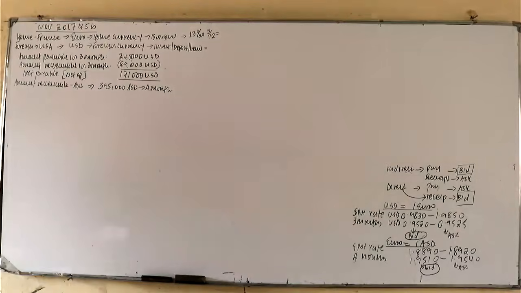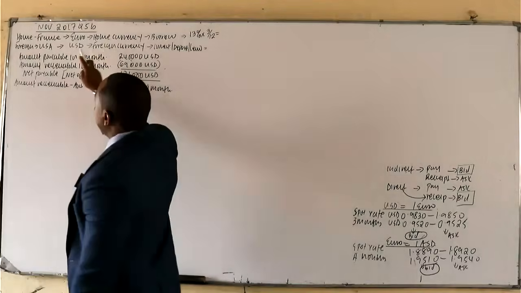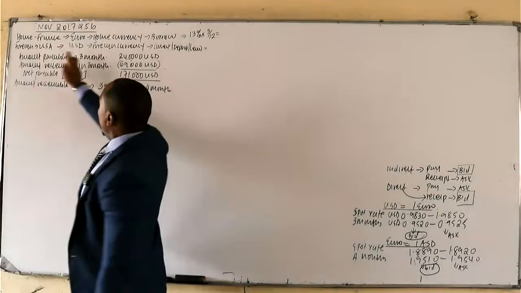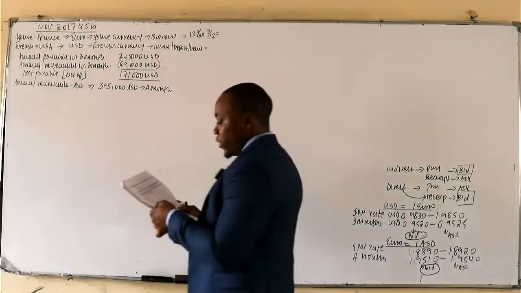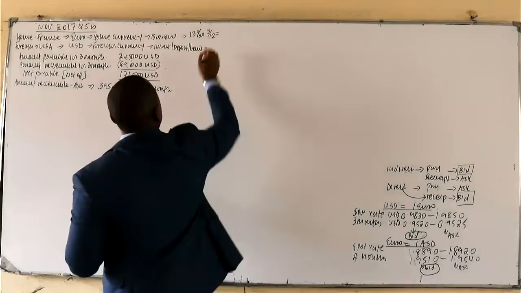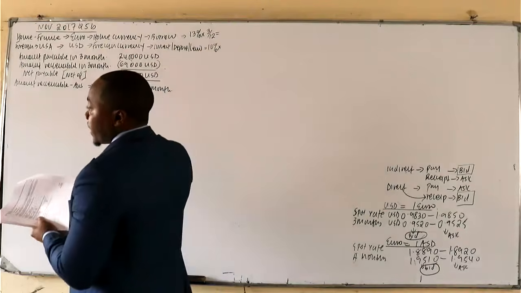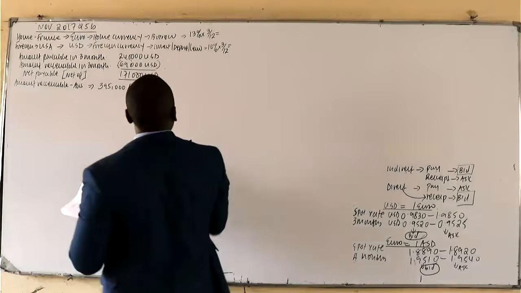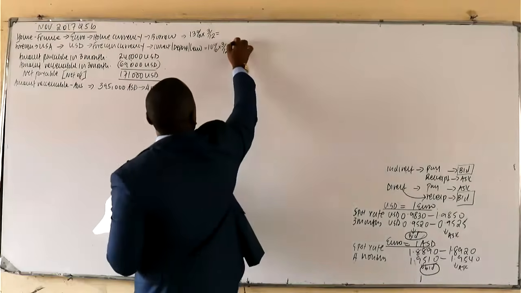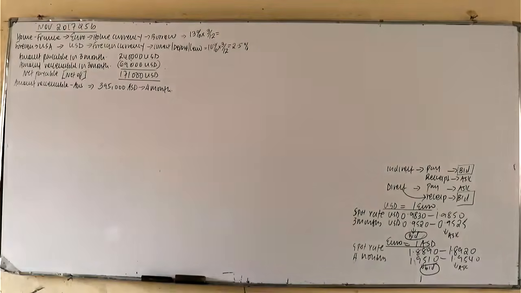In this case, it's USA. So how much is the lending rate in USA? Lending rate in USA is 10%. But note that the 10% is per annum, we expect to pay in 3 months' time, so it's 3/12. So this is 2.5%. What about the first one?